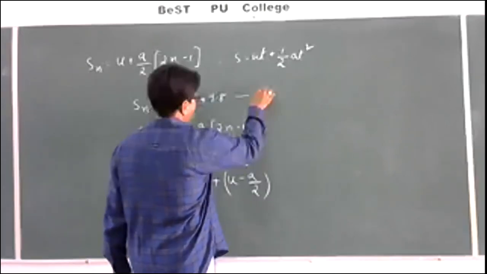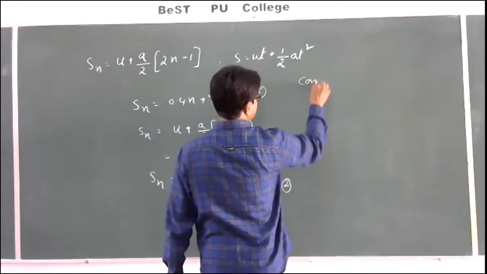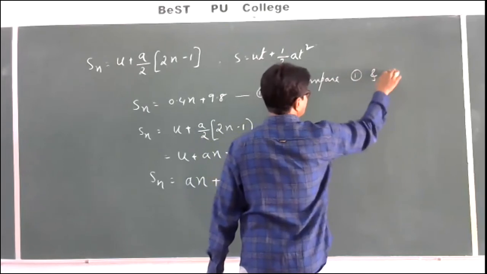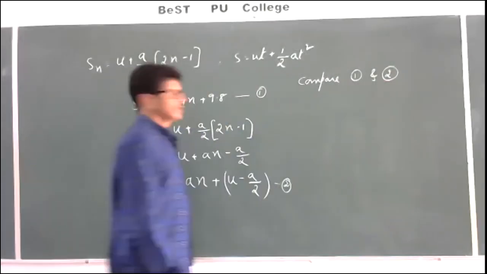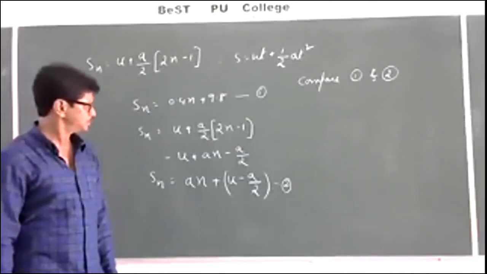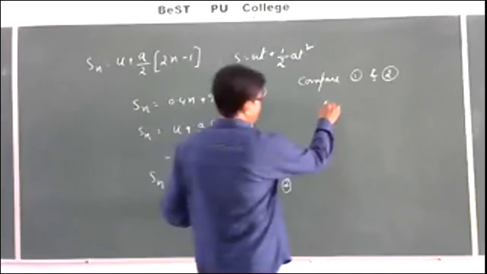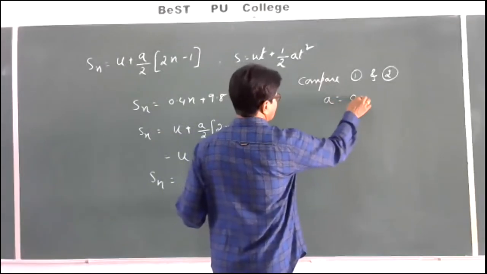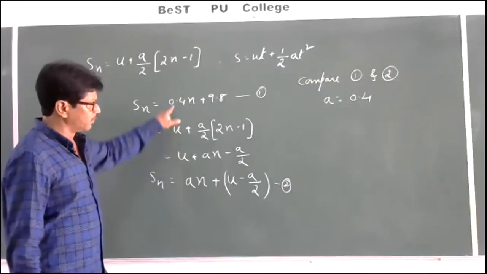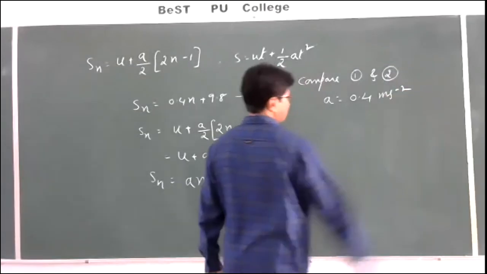So if you compare equations 1 and 2, then a is equal to 0.4, where a stands for acceleration, in meter per second square.